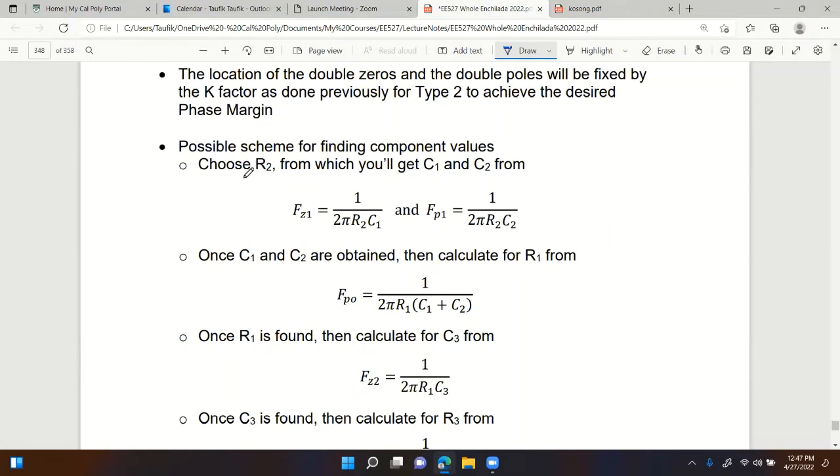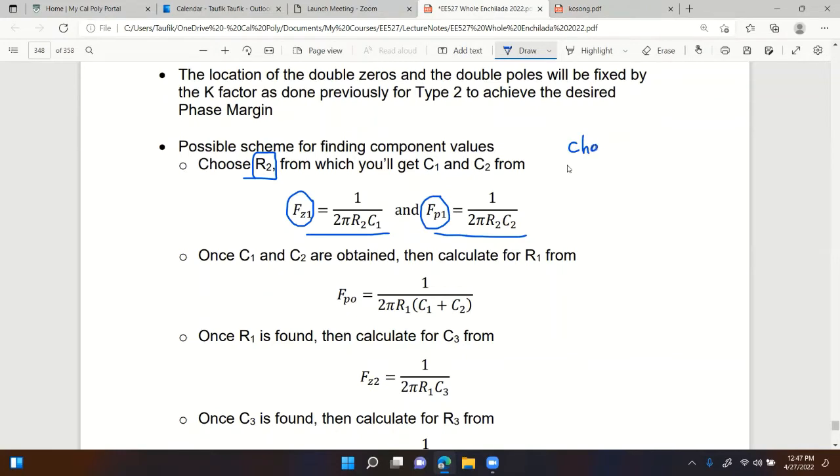Choose R2, from which you'll get C1 and C2, from FZ1 and FP1. FZ1 is the desired frequency of the zeros, and FP1 is the desired frequency of the poles. That's from K.